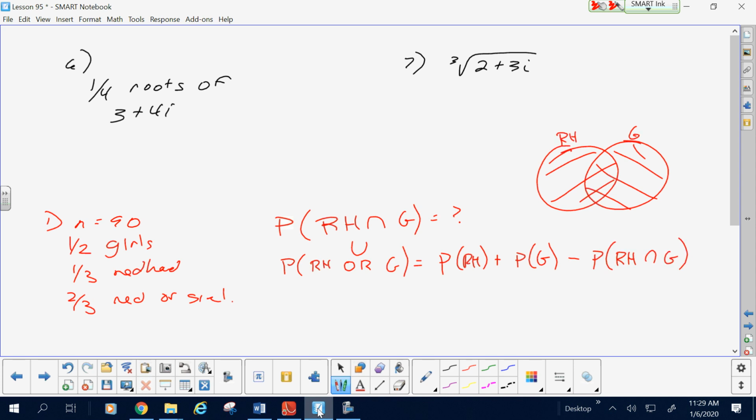All right, that's cool. Let's just substitute in. What's the probability of redhead or girl? 2/3. They give you this, actually. They're giving you the final answer, and they're asking for one of the parts. What's the probability of redhead? 1/3. What's the probability of girl? 1/2. And that leaves us probability of redhead and girl. So, you just have to do a little bit of arithmetic. I hope you can still add and subtract fractions.